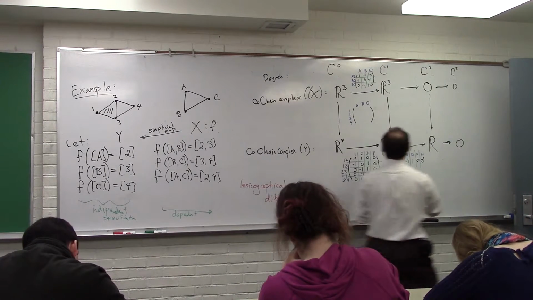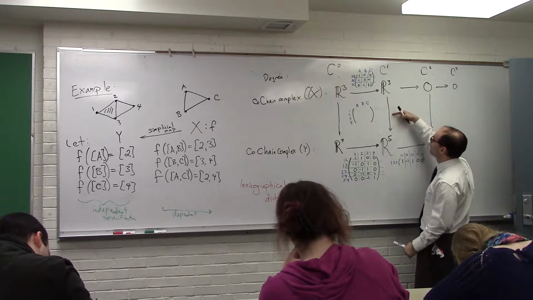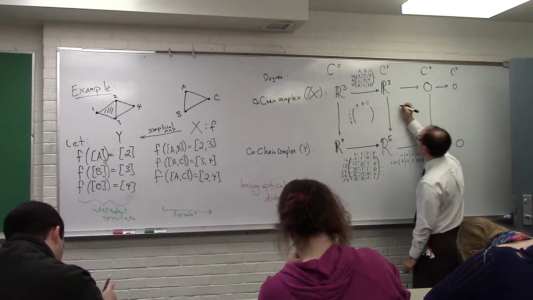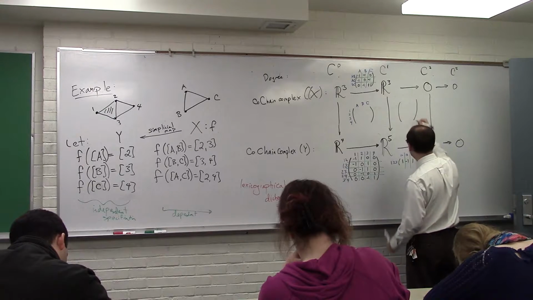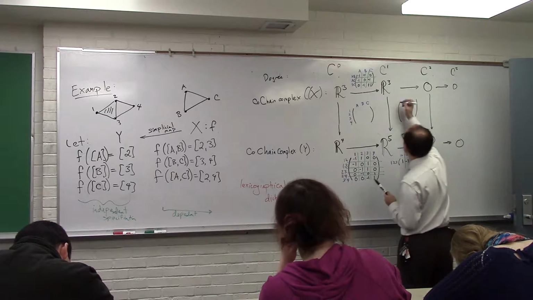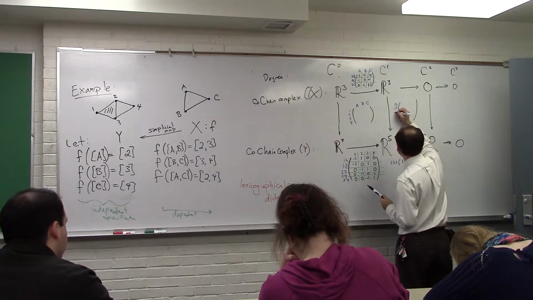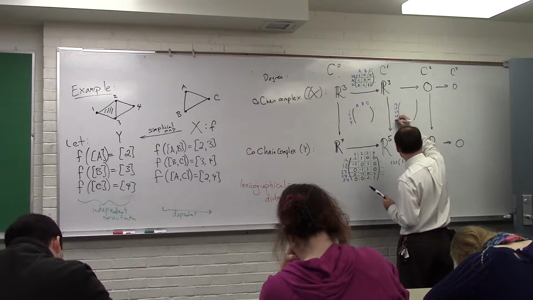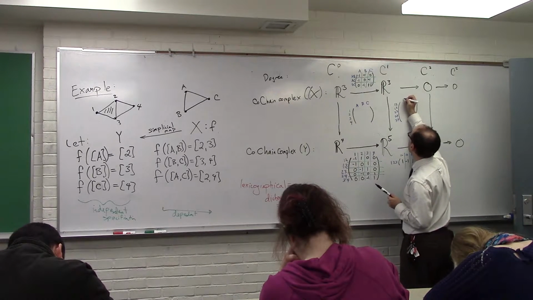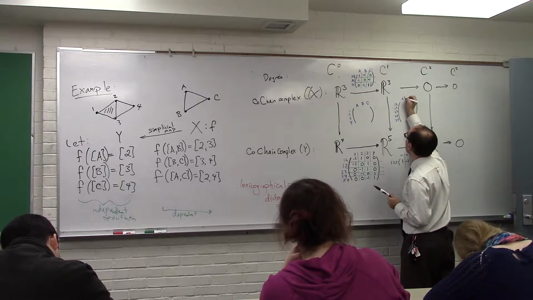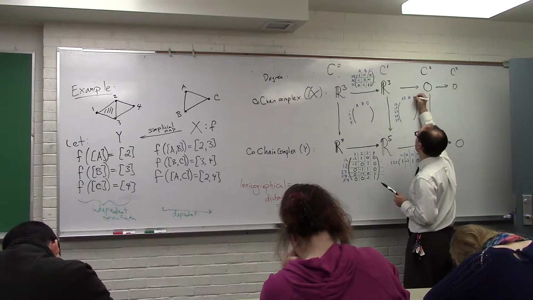And then basically the same kind of thing is going on here. This should be a what shape matrix? 5 by 3. Here they go: 1 2, 1 3, 2 3, 2 4, 3 4, and this is now AB, AC, BC.